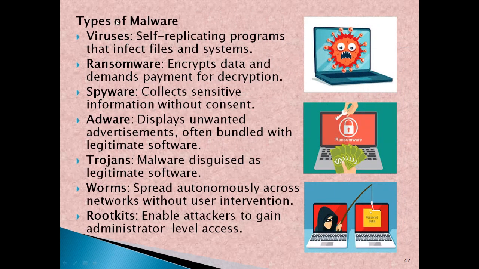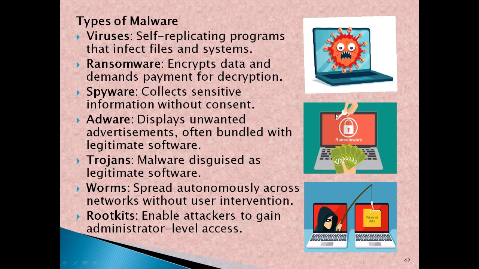Now, types of malware. First is the virus, which is a self-replicating program that infects files and systems. You all know about viruses. Then we have ransomware, which encrypts data and demands payment for decryption.